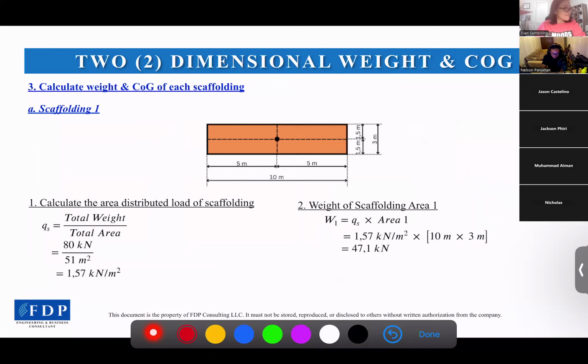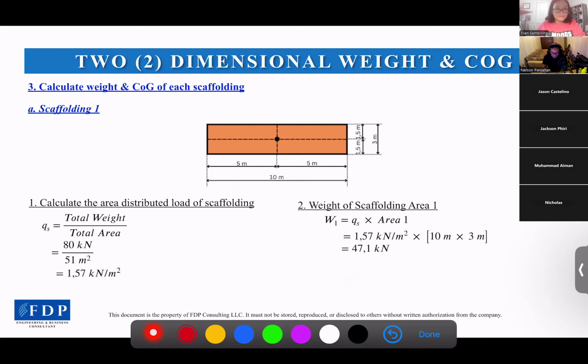And then to get the weight of scaffolding area 1, we can easily use the area distributed load times the area.